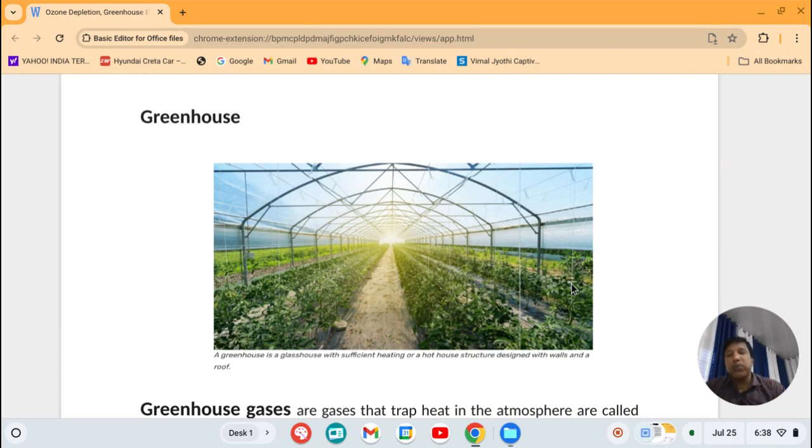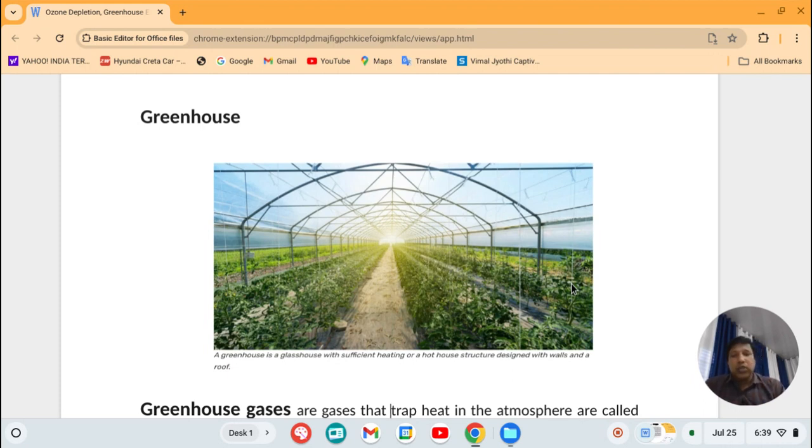Roof and wall will be made up of glass, so that the solar light will enter into this greenhouse, and then it scatters and the frequency changes. So these solar rays cannot escape from the greenhouse. This is mainly used for cultivation purposes. These are used in European countries, where the cultivation is done inside. So plenty of solar light, or heat, can be trapped inside this greenhouse.